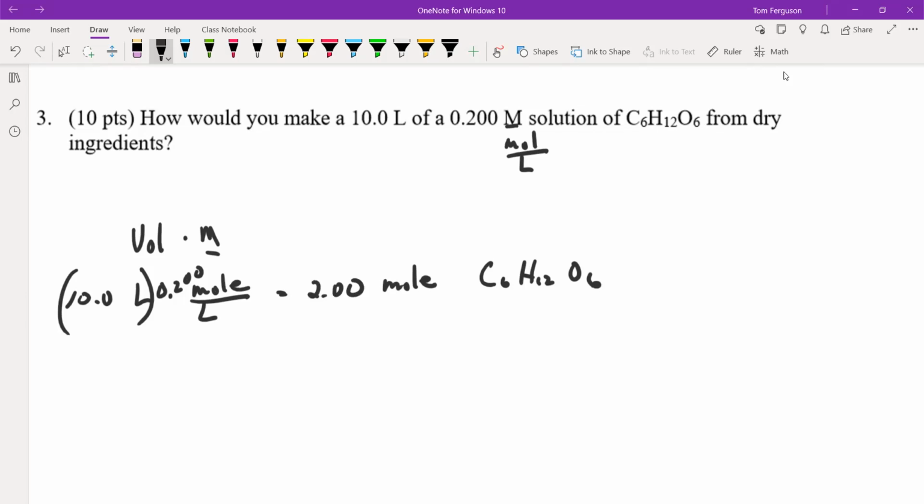Now you can't go to the store and buy 2 moles of sugar, but you can buy grams of sugar. So we need to convert the moles to grams.